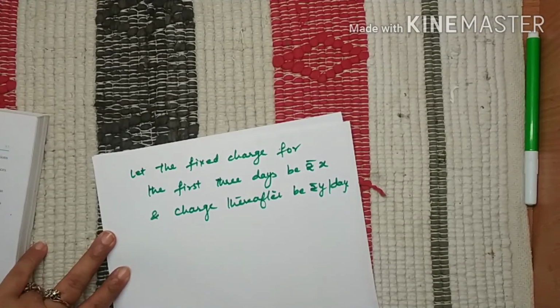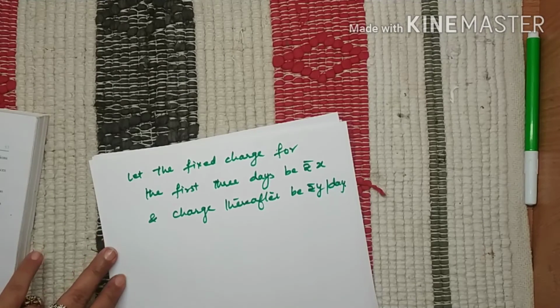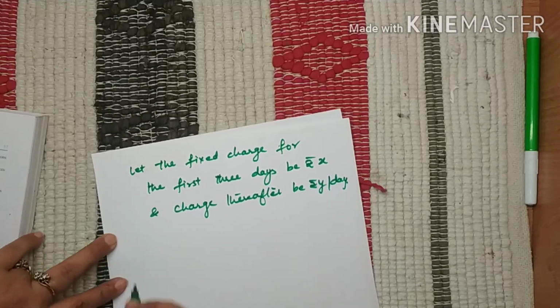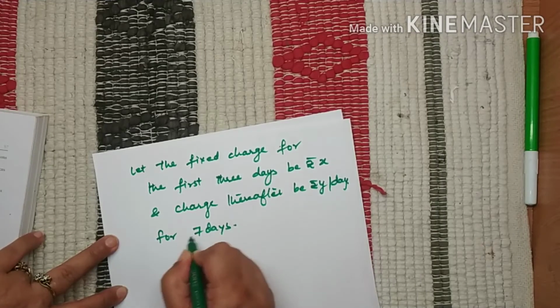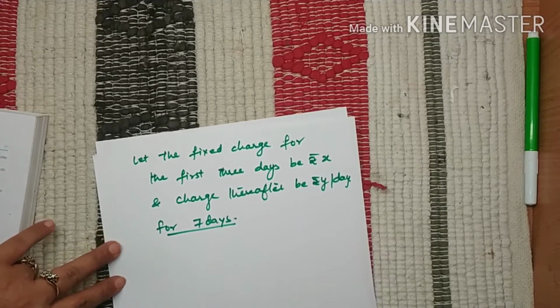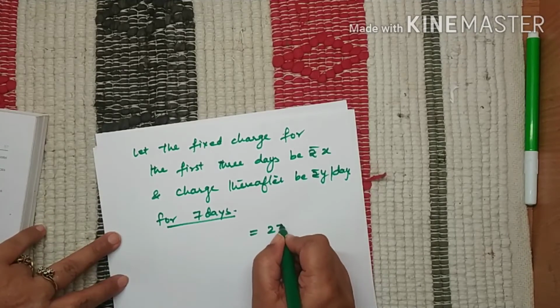Right? Now, if a book is kept for 7 days, Sarita pays rupees 27. For 7 days, Sarita pays rupees 27. So 27 is the total amount that she pays.